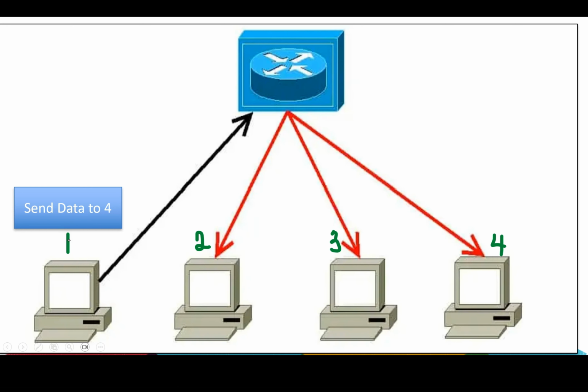Your MD will send financial data to four, assuming that it's sending the financial data to the finance team. But the hub would rather broadcast all the financial data to almost all the departments. So we have the interns seeing the financial data. That's a big risk. So if you have a hub in your office, I would advise you to change it.